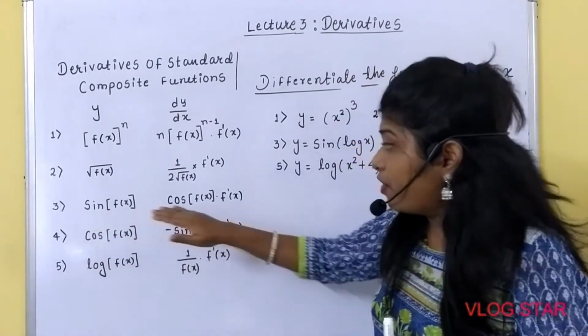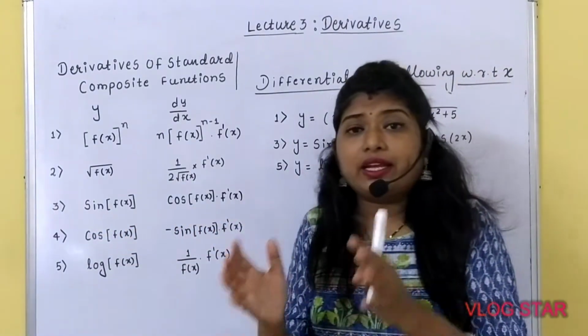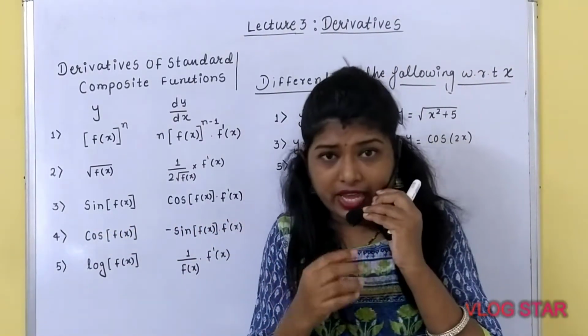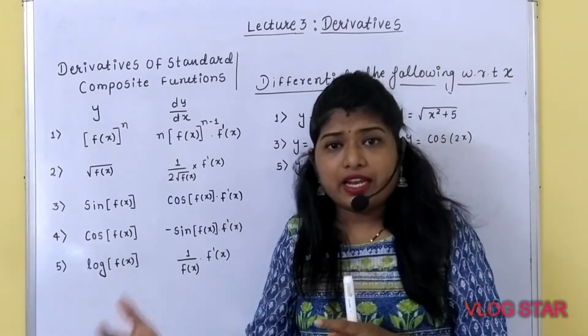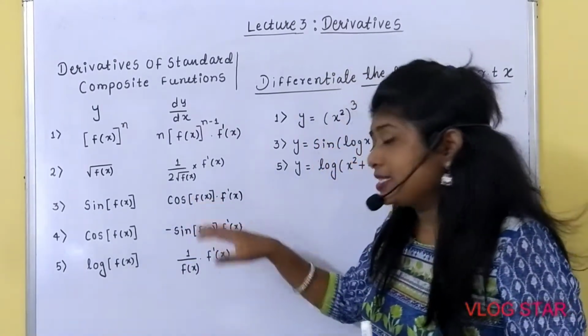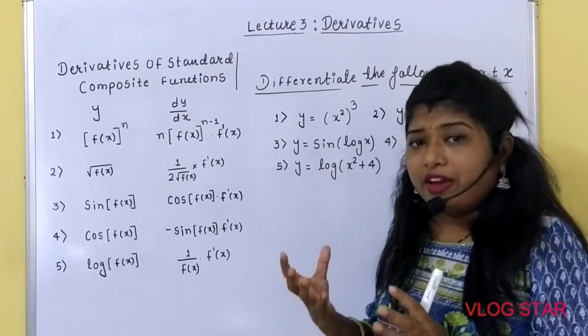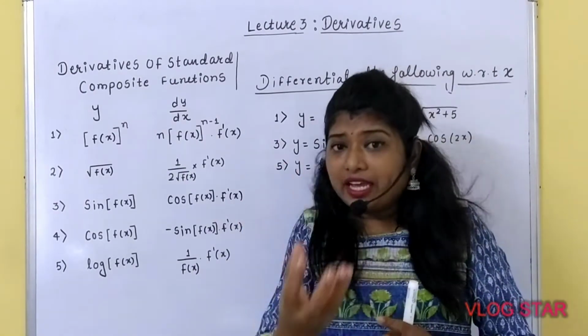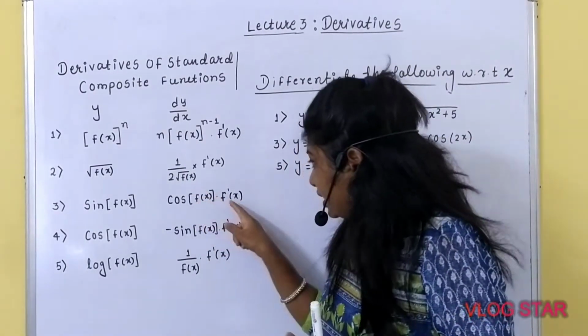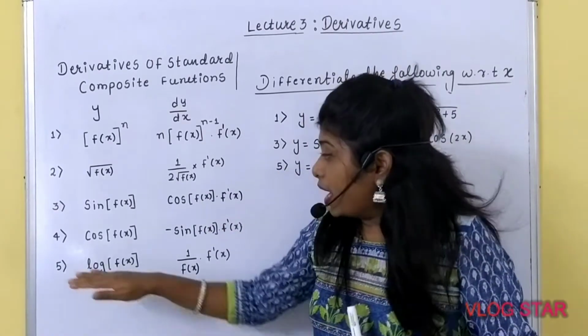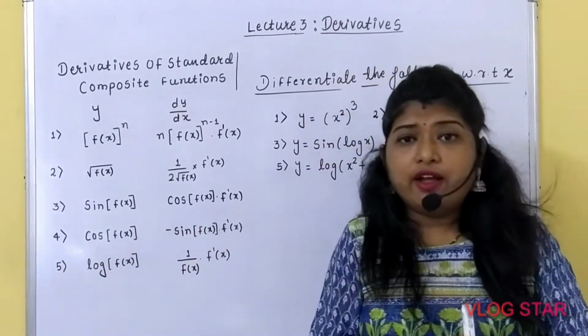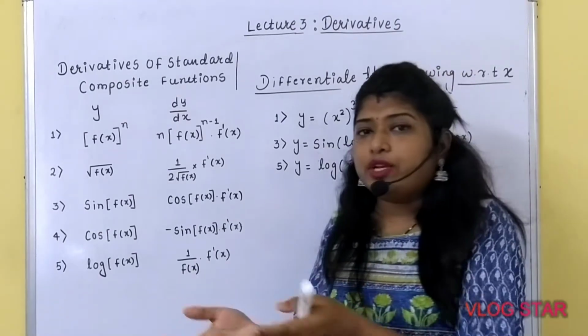The third formula is, if you need to take the derivative of sine f of x, the derivative of sine f of x is cos f of x, and then whatever is left, you take the derivative of this particular function, that is f dash of x. Coming to the fourth important formula, for cos, what is the derivative of cos?